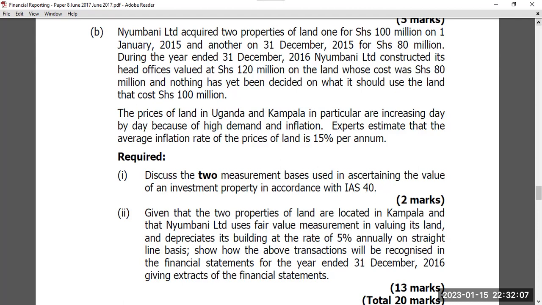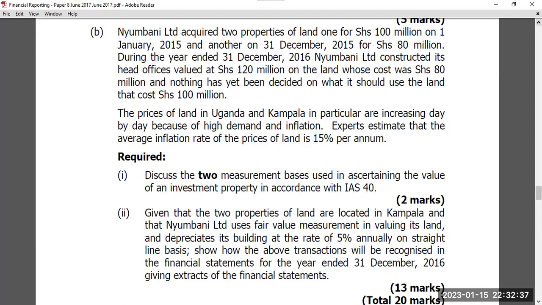But for the items that are going to be under investment property, we are going to account for them using the fair value model as they have suggested. And we've seen that it is only land 1 that is going to be falling into that. So basically, that's how we do the analysis.